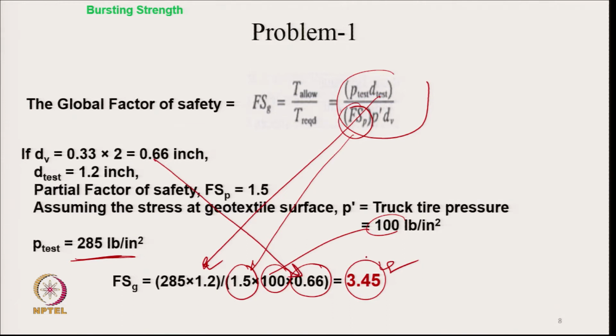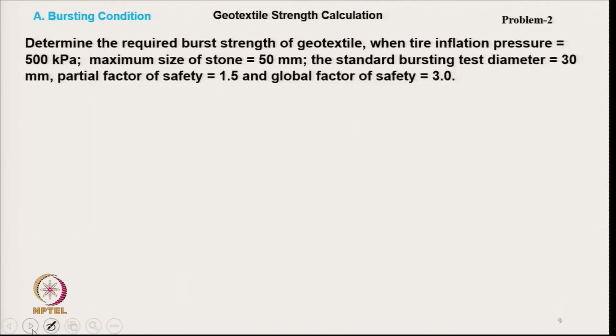So, from there we can calculate the global factor of safety.